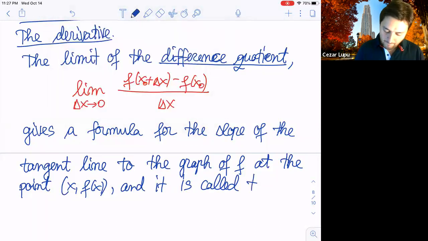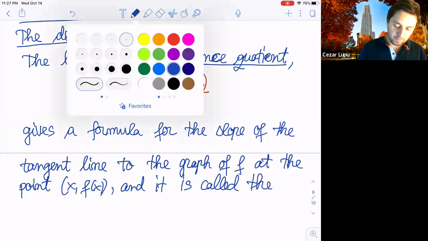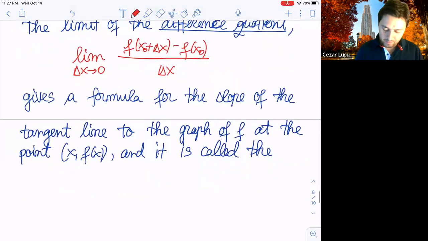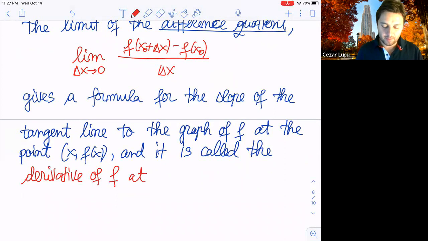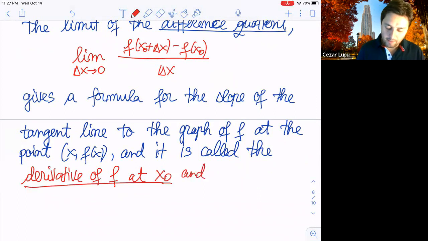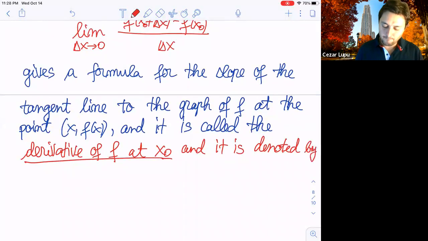It's called the derivative of f at x naught, and it is denoted, we will write it in this way, f prime of x.